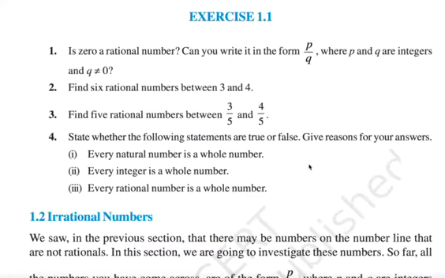So multiply with 6 on both numerator and denominator. 6 times 3 is 18, 6 times 5 is 30. So 18 by 30 and 24 by 30. Then 19 by 30, 20 by 30, 21 by 30, 22 by 30.